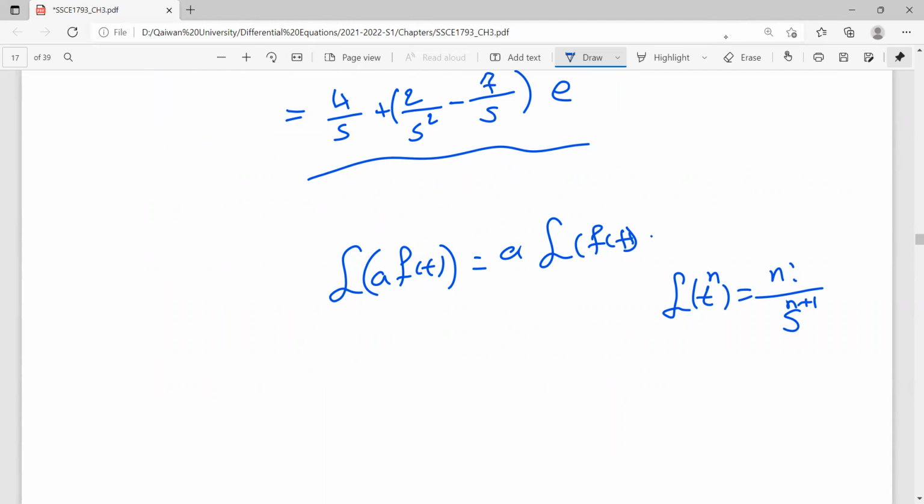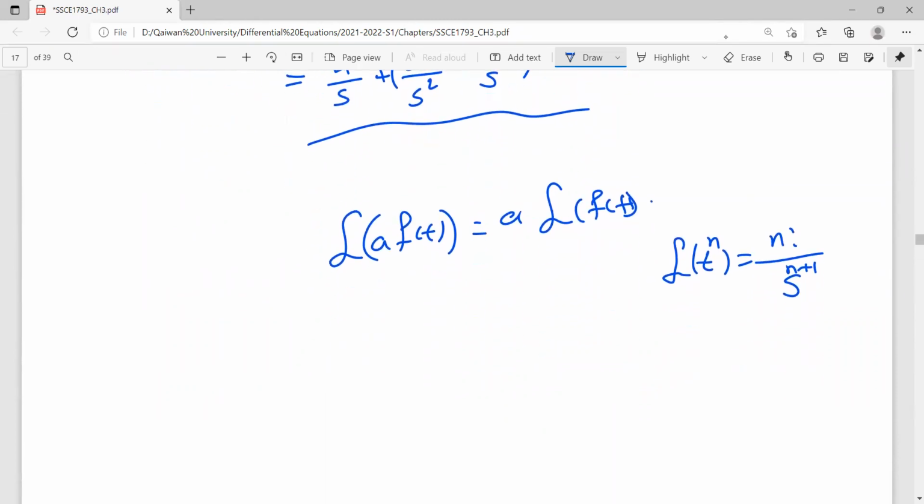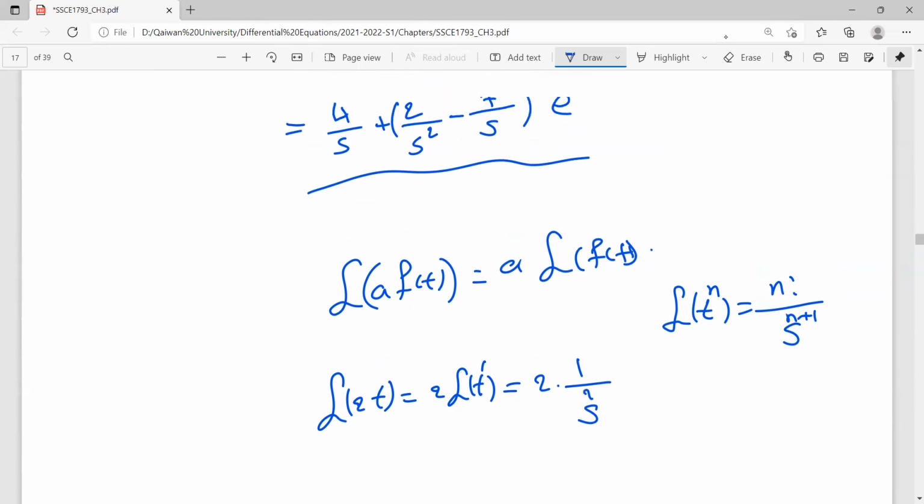Okay. Here we have t. We have 2 times t. So you have the Laplace transform of 2 times t. It equals 2 times the Laplace transform of t. And this equals 2 times 1 factorial, since the power is 1, divided by s to the power 1 plus 1, which is 2. So it's 2 over s squared.